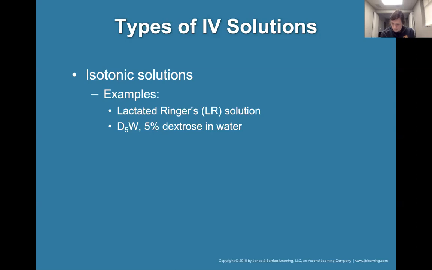You said it's listed as a what? So on 693 under isotonic solutions, so it's under isotonic, but then it says isotonic, hypotonic, and then it says D5.